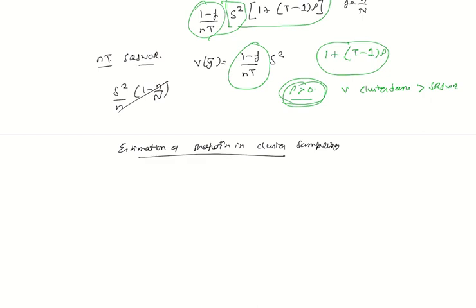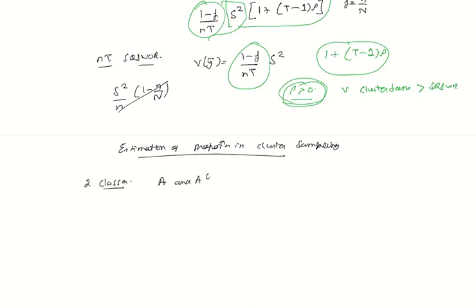So we have seen the calculation of proportion by SRSWOR previously. How do we do this? Elements in a population can be classified into two classes, A and A complement.